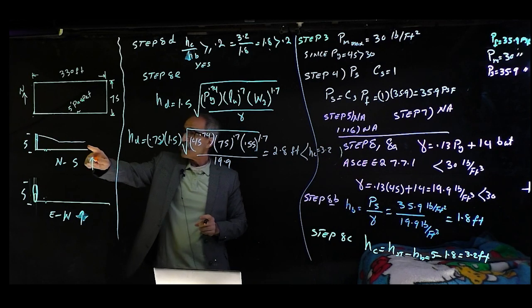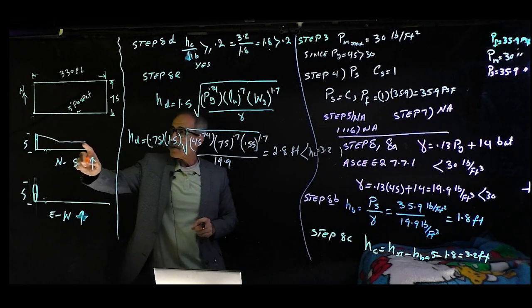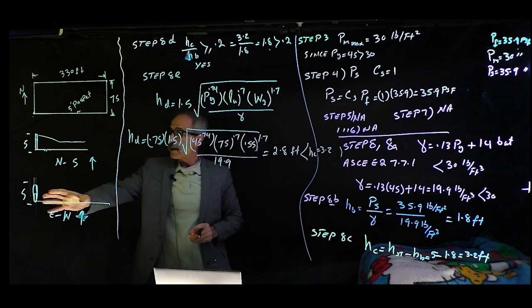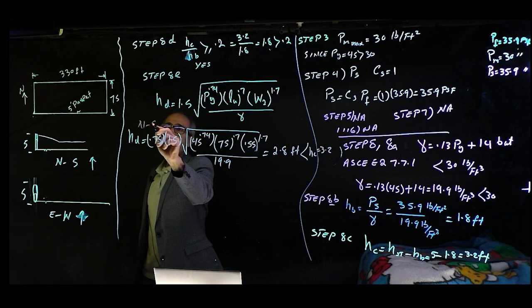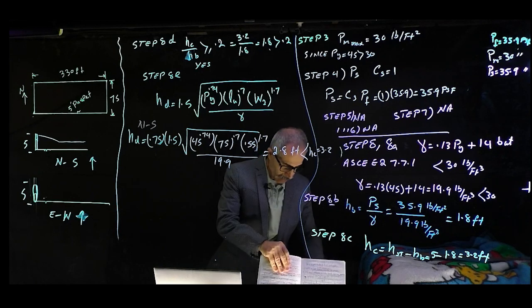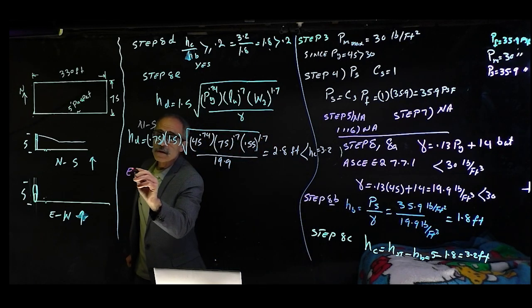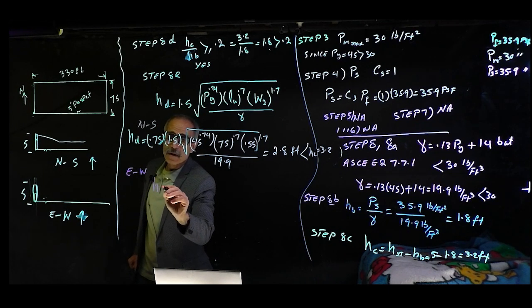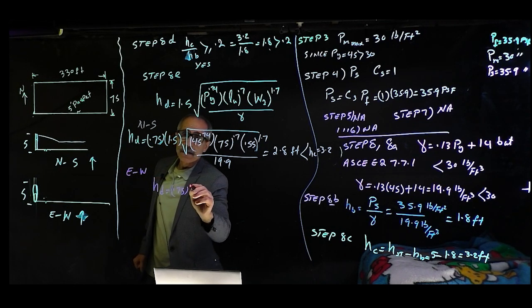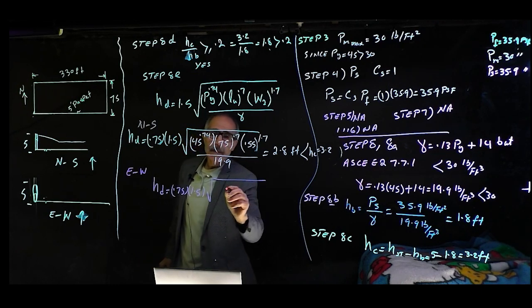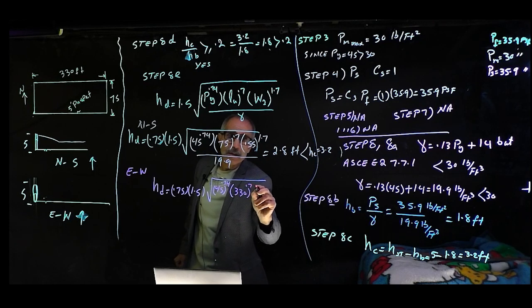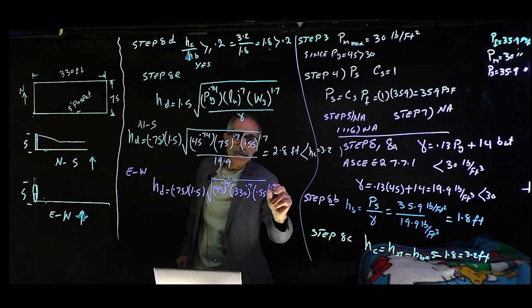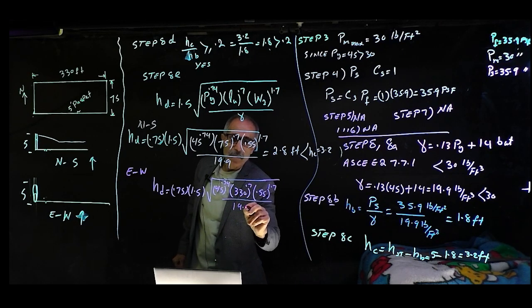So now we have our HD and HC. Let's go ahead and calculate the east-west wind direction, which uses the same equation. That was for north-south, and now we want east-west. HD is equal to 0.75 times 1.5 times 45 to the power 0.74, multiplied by LU, which is 330, 330 to the power 0.7, times 0.55 to the power 1.7, divided by 19.9.